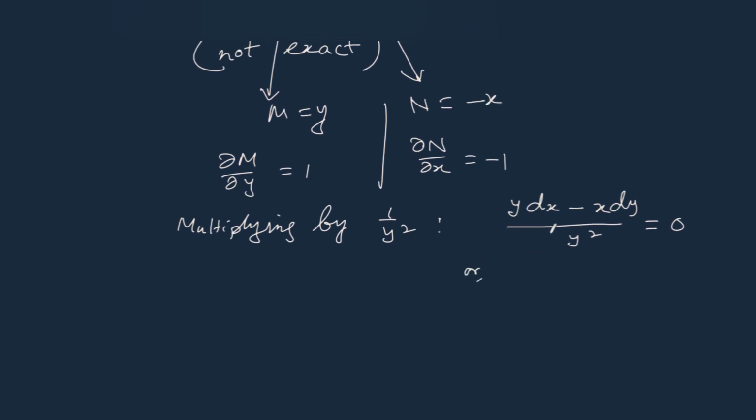Or we can write this as d of x upon y. So this is nothing but d of u upon v, which we can easily write as (v du minus u dv) upon v squared. So similarly here, this is d of x upon y, and this is an exact equation.